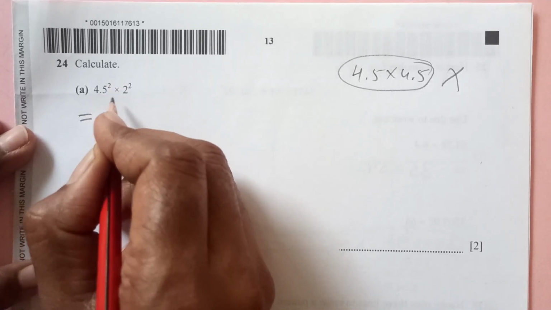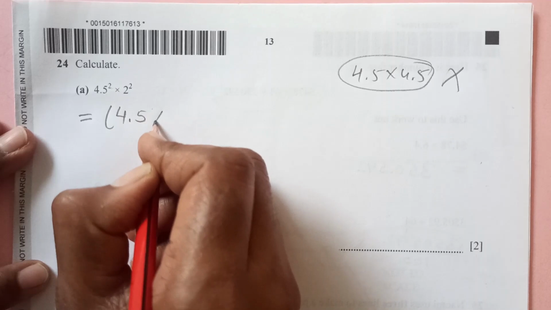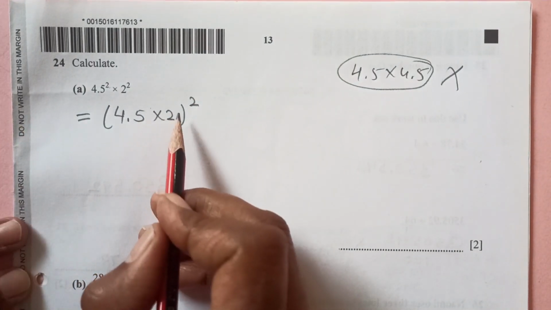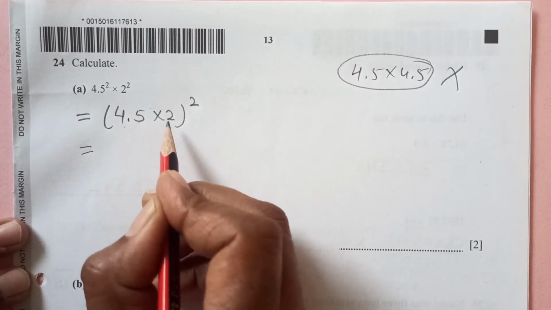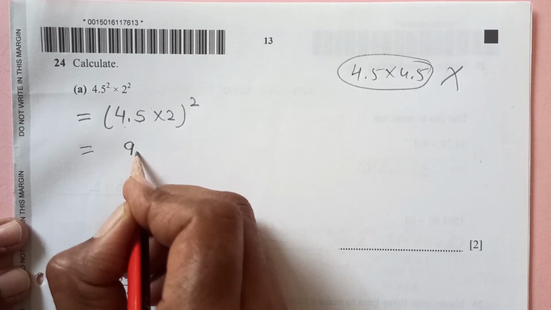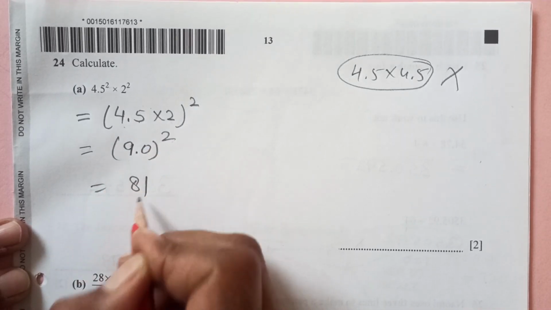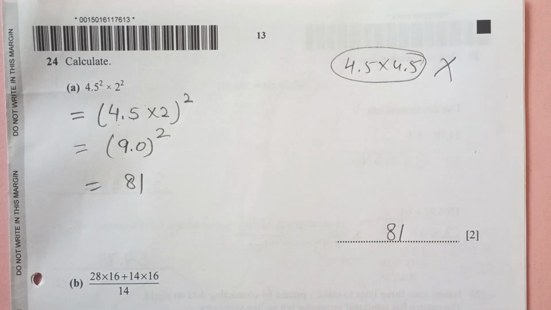Here you see this power is 2, so we can write it like this: (4.5 times 2) squared. Now 4.5 times 2 is 9.0, and 9 squared is 81. You see, with a small trick you can make it easy, otherwise you will be lost in the calculations.